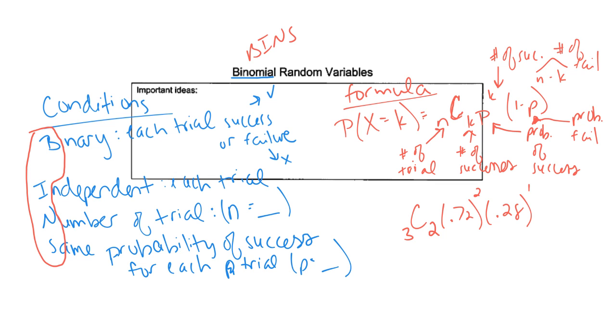So you can put this into your calculator. If you go to your calculator and you're going to press math, arrow over to probability or prob, arrow down to number 3, which is the nCr.